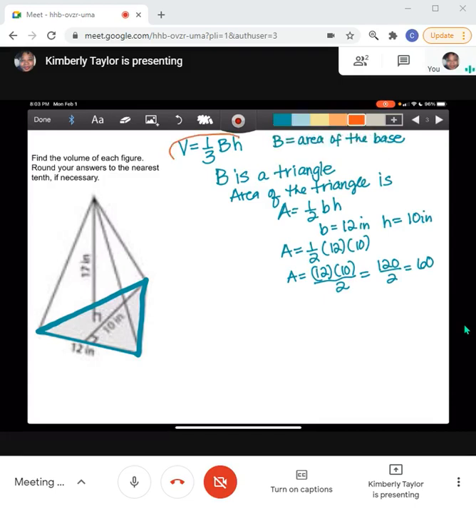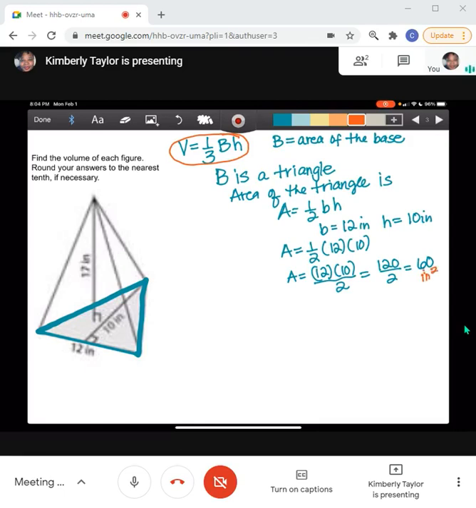Let's go to this part. What is the value of the capital B? The capital B is going to be 60 square. No, hold on. That's not how you write it. You do 60 inches squared with the exponent.